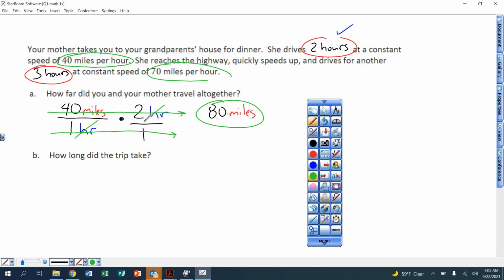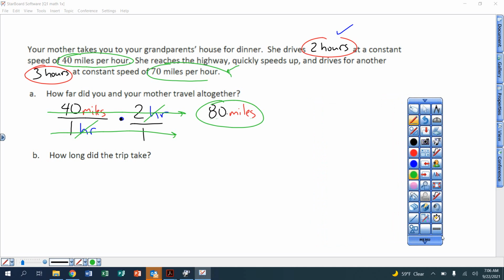Now it says you're speeding up and going a different rate for a little bit. So for this next chunk, I have a different unit rate. I'm going 70 miles for every 1 hour at this new unit rate.